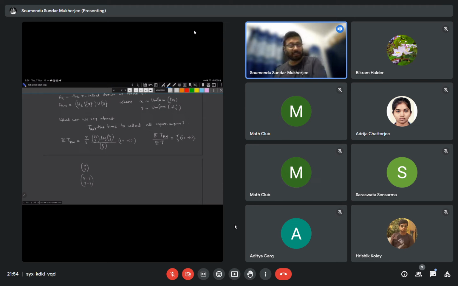In fact, a very large chance. You can calculate the probability. So this R by S is coming from the ratio of these two. That's the amount of slowdown you expect. Because in this new model, you are collecting R minus 1 choose S minus 1 by R choose S, this fraction fewer coupons.